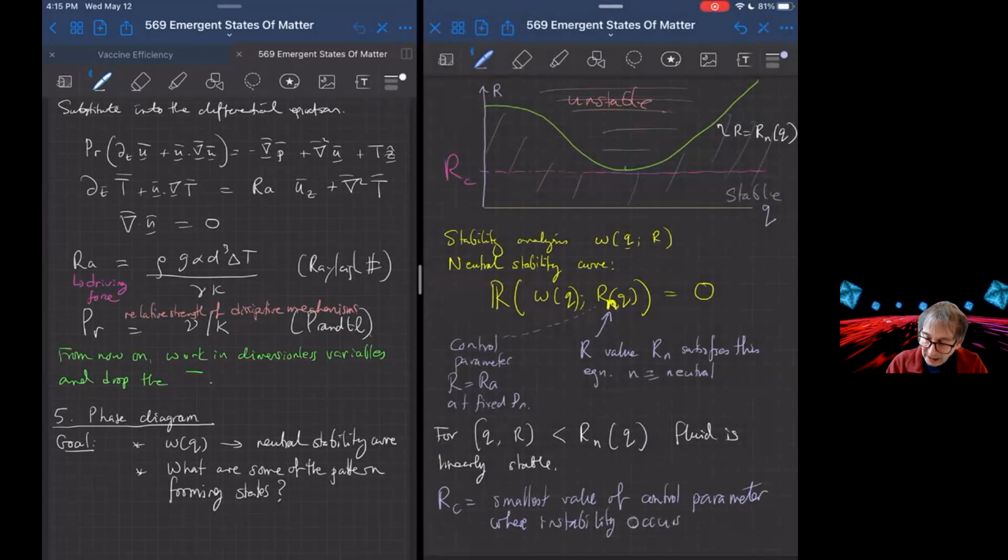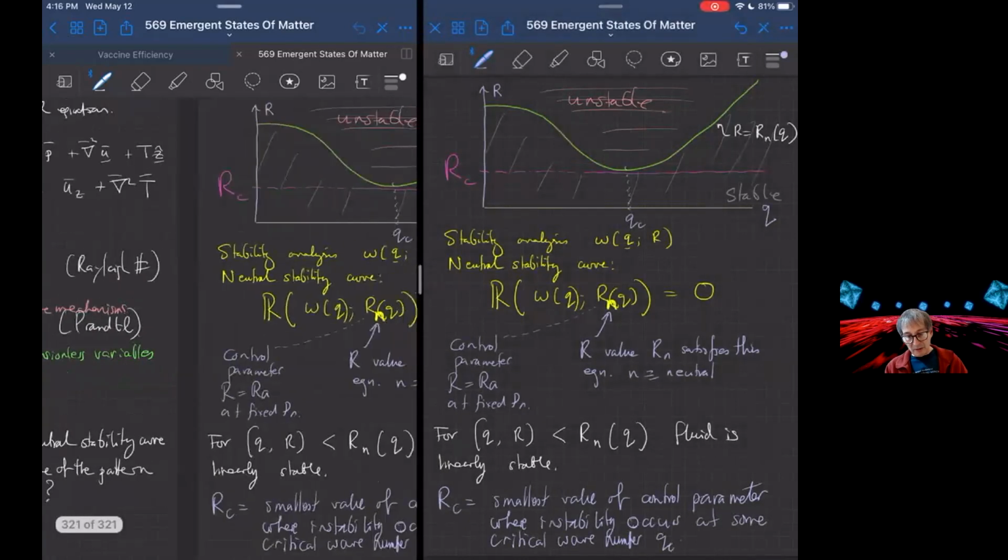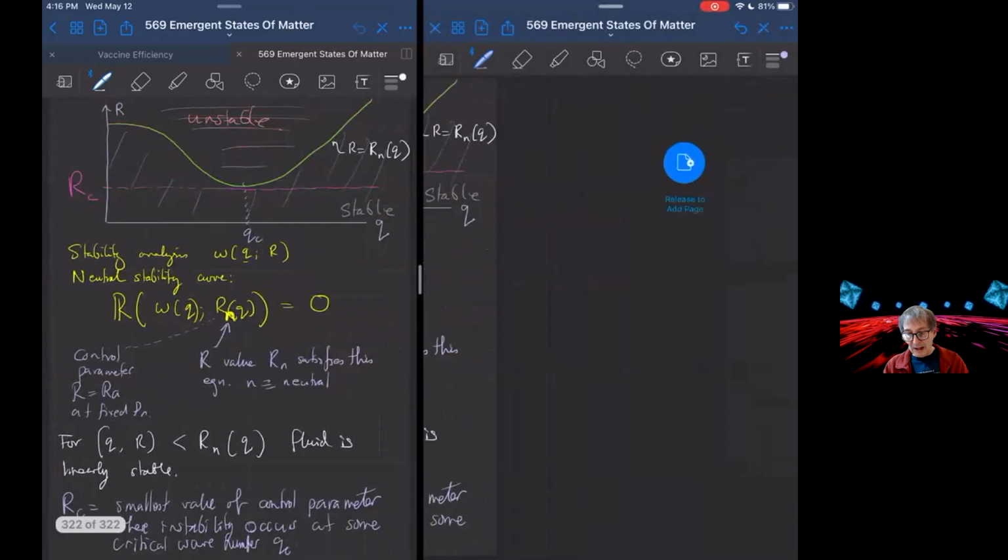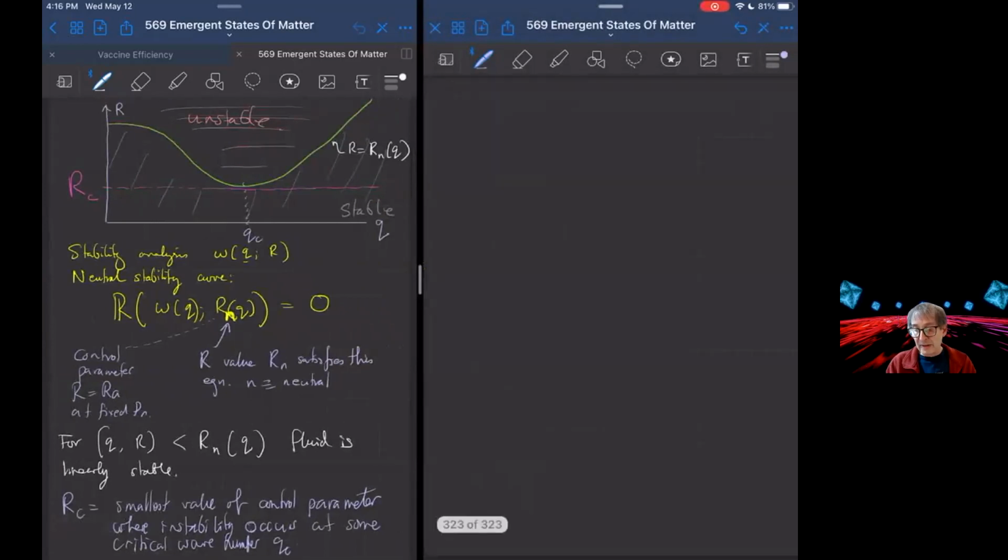And we can see that this happens at some critical wave number, which I'll call QC.